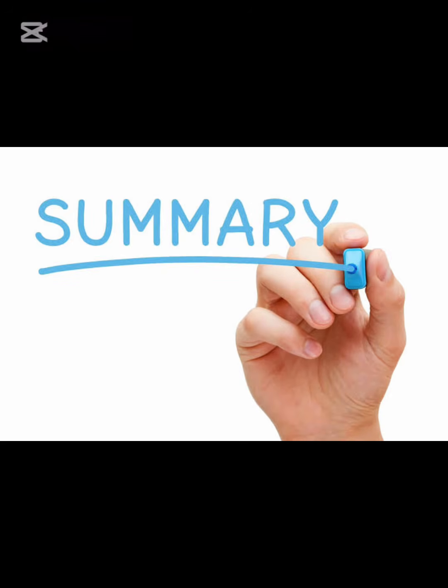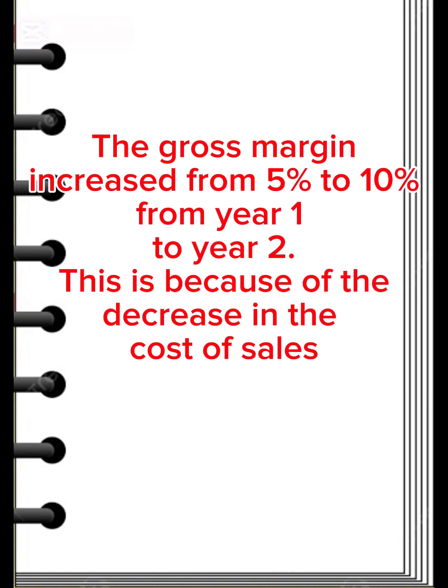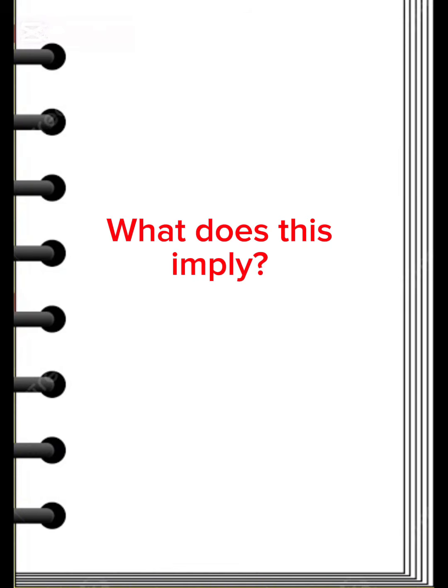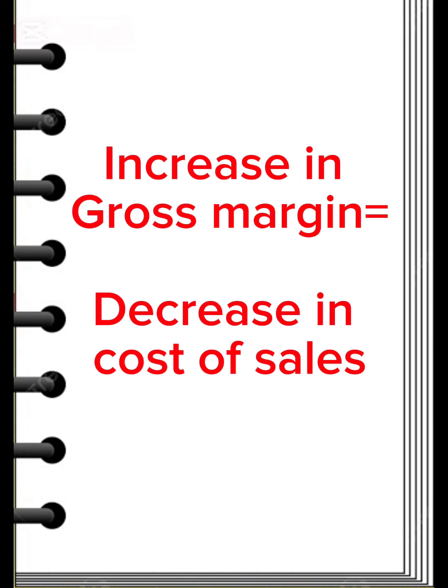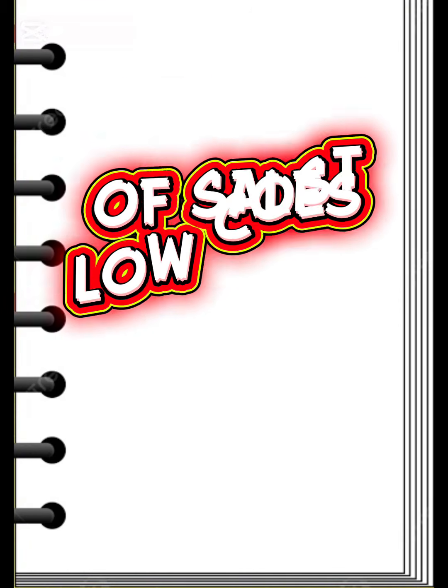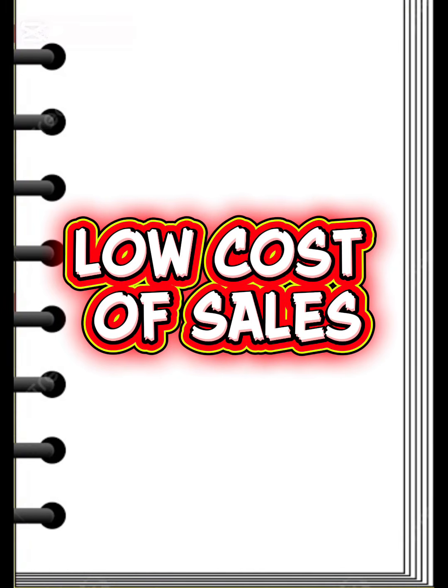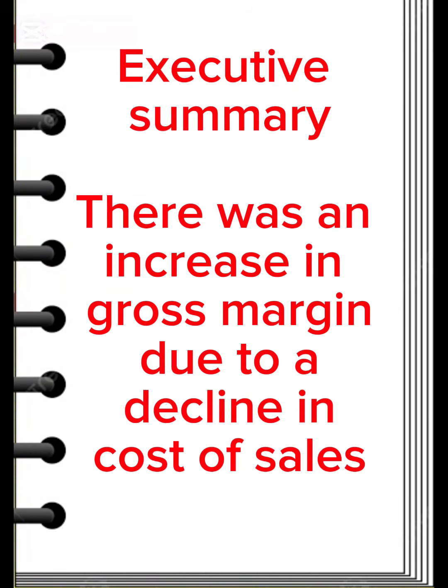Now, in the body of a report, you could have said gross margin improved from 5% to 10% from year 1 to year 2. This is because of the cost of sales, and so on. Now, all those things I've said, what do they mean? The gross margin increased. And what happened to it? It was because of high cost of sales. So in the executive summary, just tell us what happened. There was an increase in gross margin due to cost of sales.